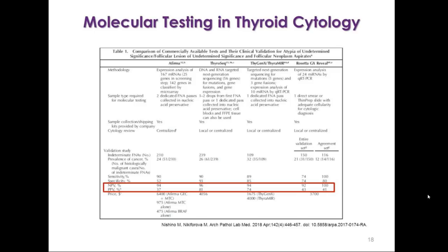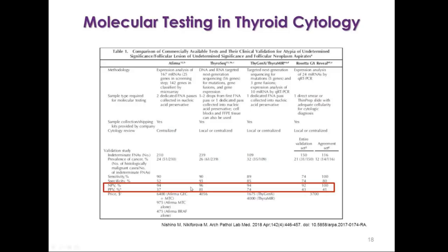The most commonly used scenario for molecular testing is indeterminate thyroid cytology, so your AUS plus categories or suspicious categories, where the results of your molecular test may rule in or rule out the possibility of malignancy. Shown here are the most commonly utilized tests.